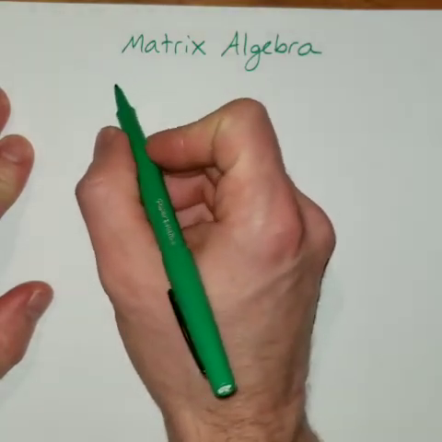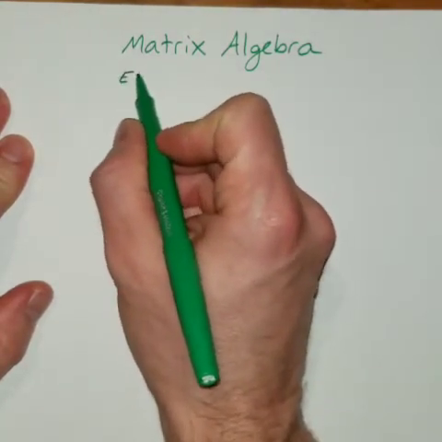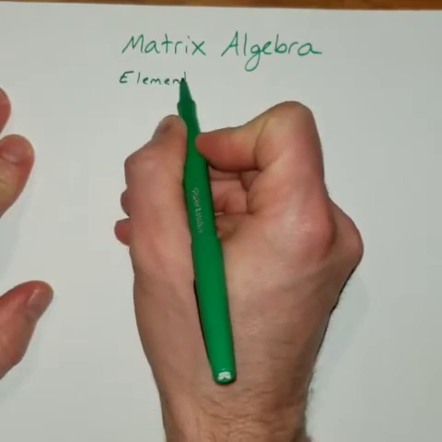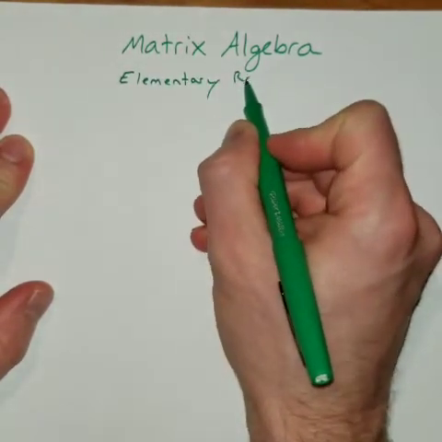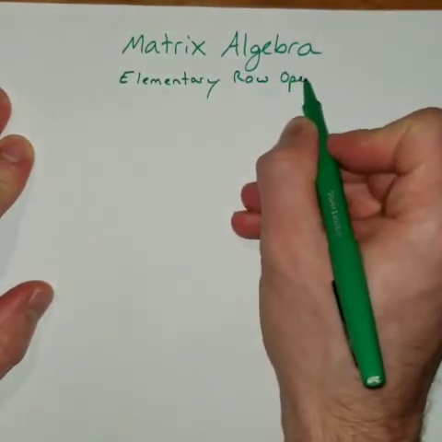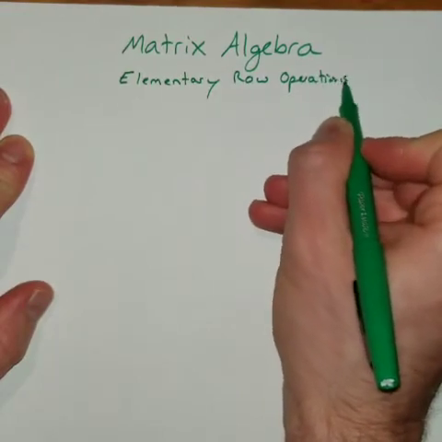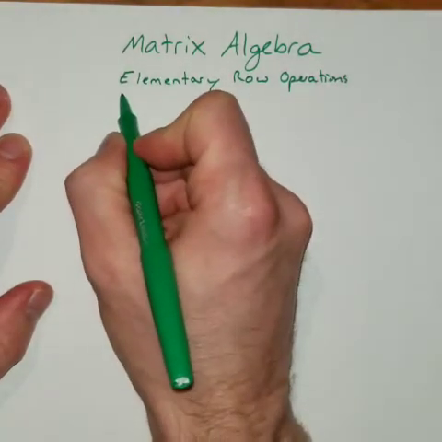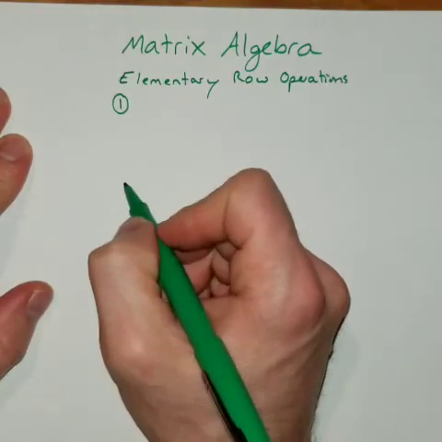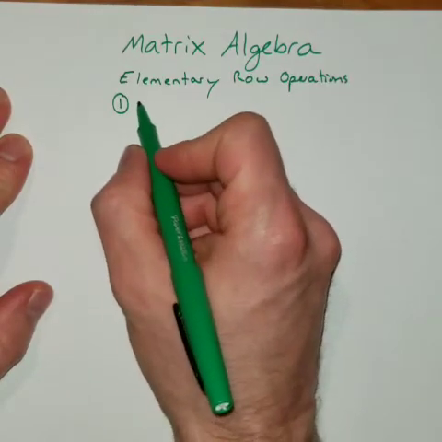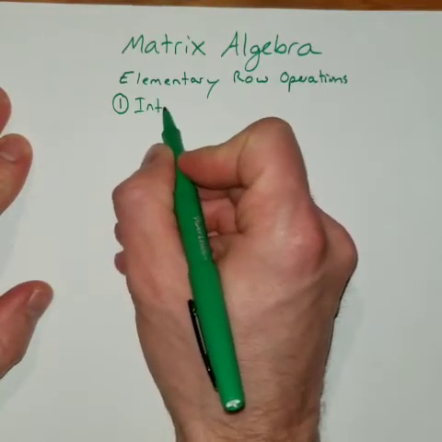So the main row operations, we'll call them elementary row operations. There were three of them that we talked about. Number one was that you could interchange rows.